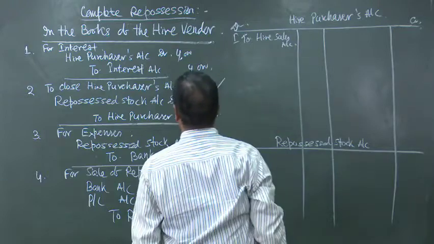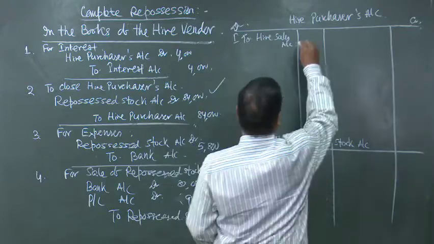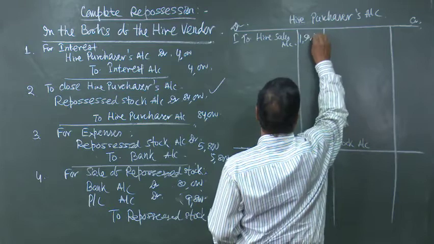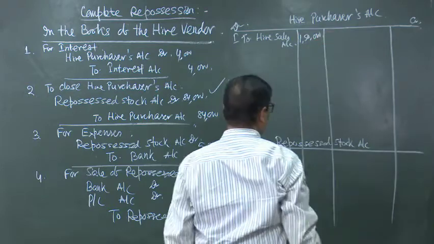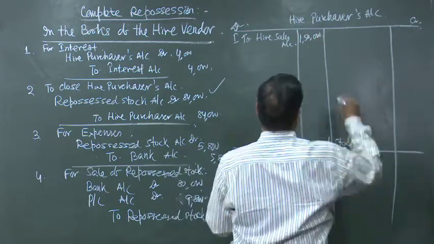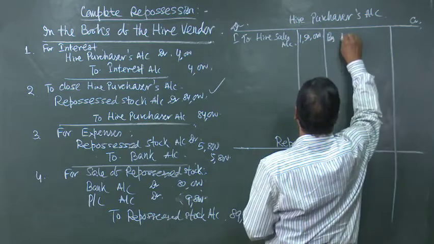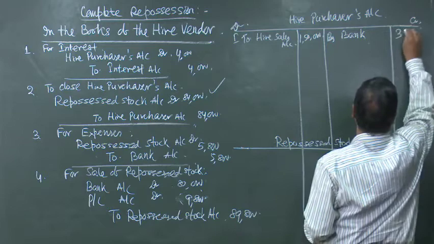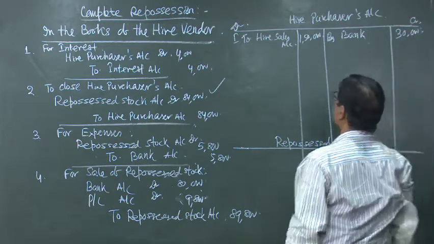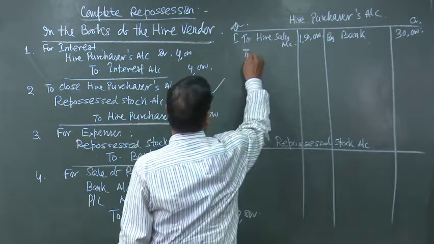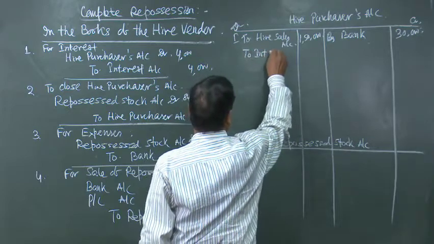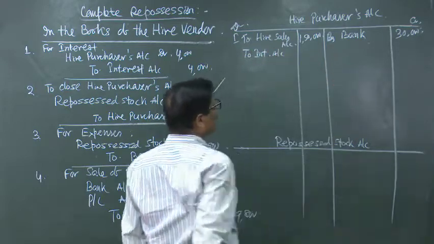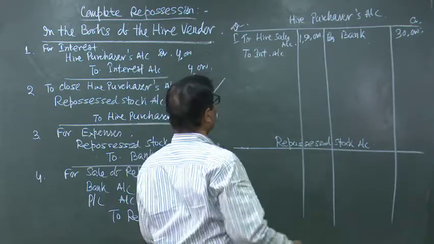How much? The cost was 1,50,000. Then he has given us down payment by bank 30,000. Then interest was due on him to interest account on 1,20,000 at the rate of 5%, which was 6,000.